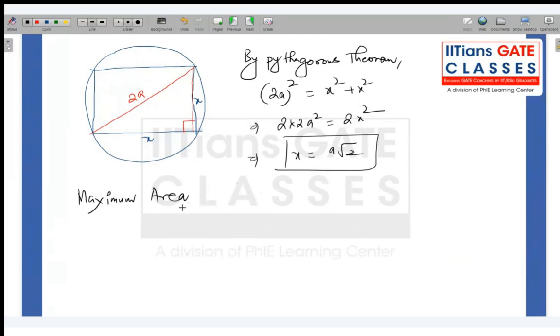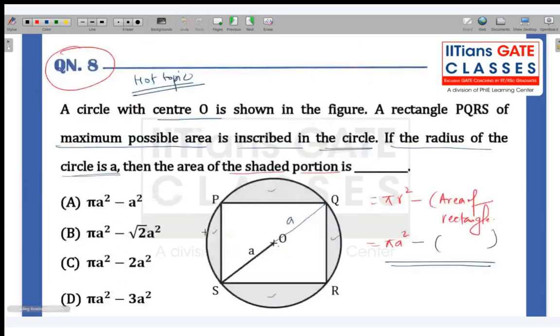So maximum area is going to be what? Just multiply this a root 2 and a root 2. So a root 2 into a root 2 is going to give you 2a square, right? So what is the required area? Yes, you see the option now. So this should be 2a square.